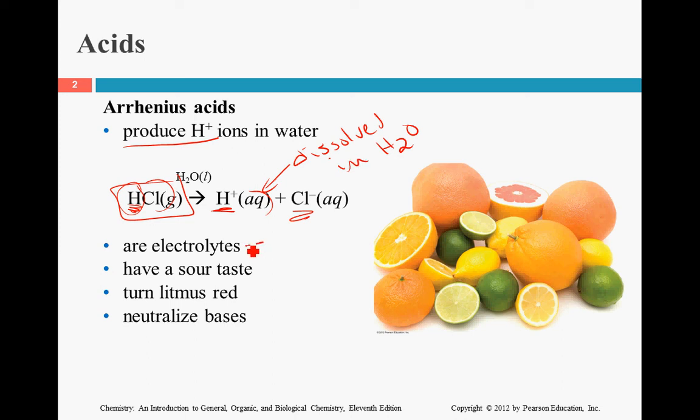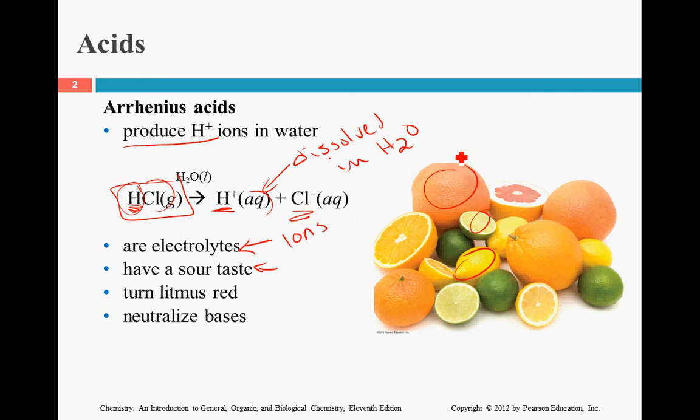They form electrolytes. We learned in the last section that electrolytes have ions. There's positive and negative, and that means that they conduct electricity, because those electrons can then move around. They have a sour taste. Most people, when they think about acids, they think of things like lemons and limes and grapefruits.